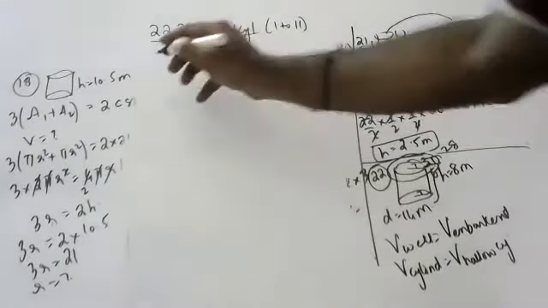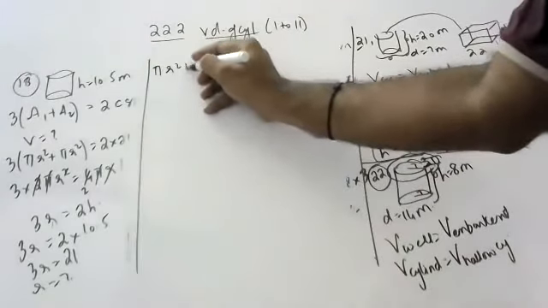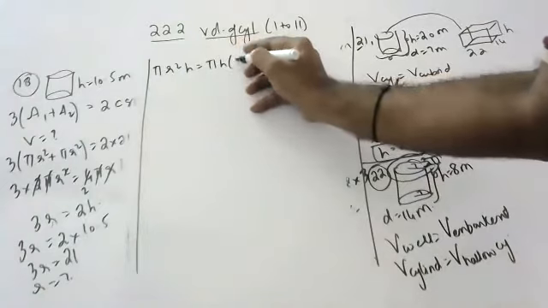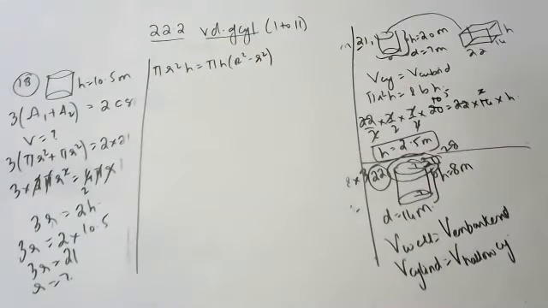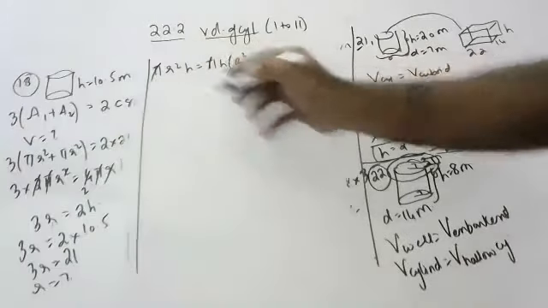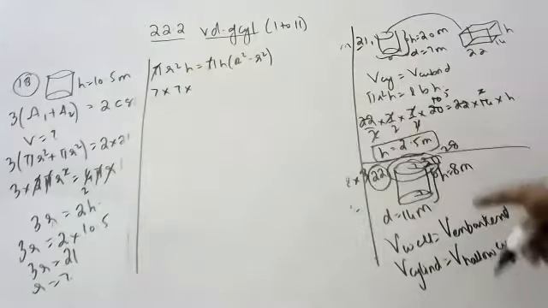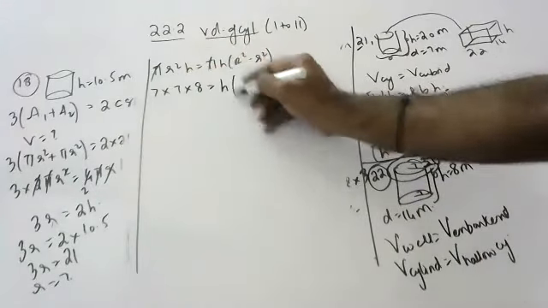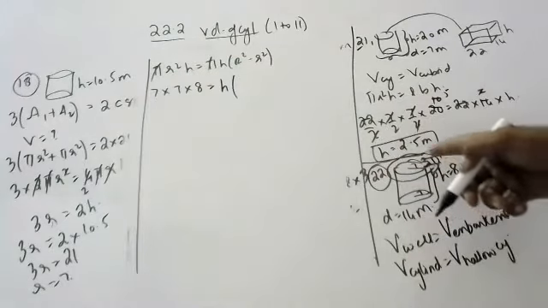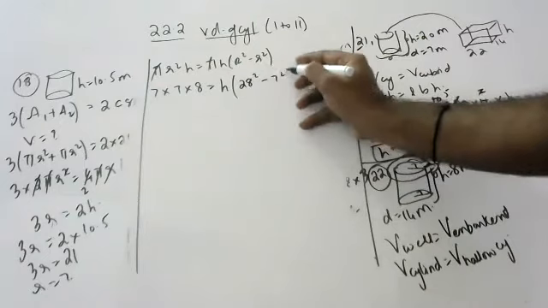Volume of cylinder is pi r square h. Volume of hollow cylinder is pi h into big R square minus small r square. Radius is 7: 7 into 7 into 8 is equal to pi h into big R square minus small r square, where big R is 28.